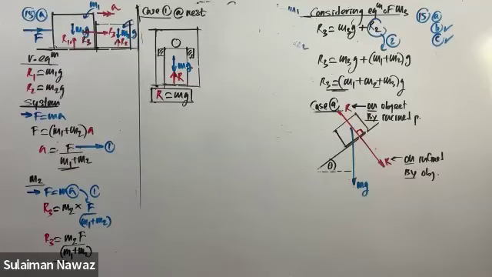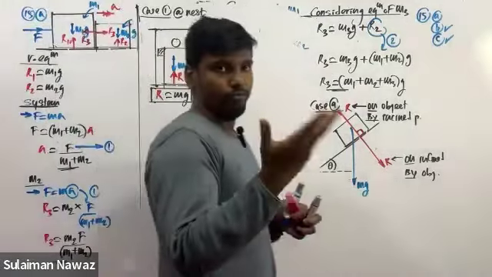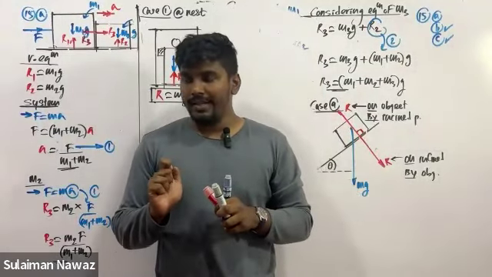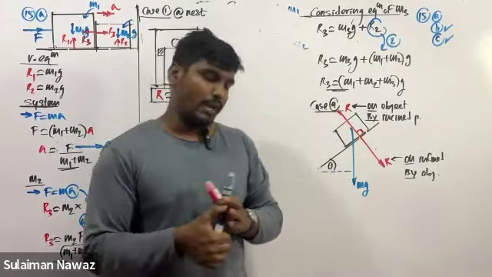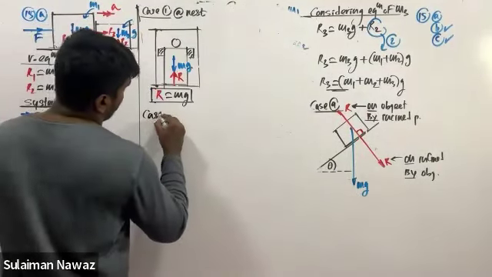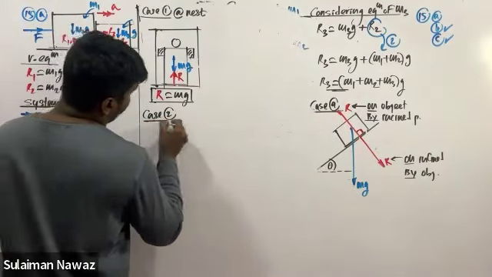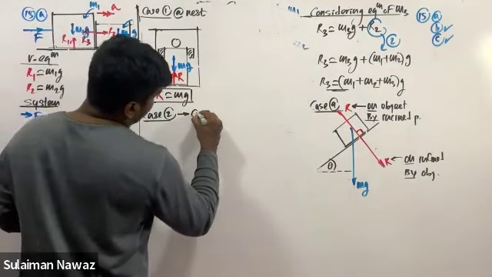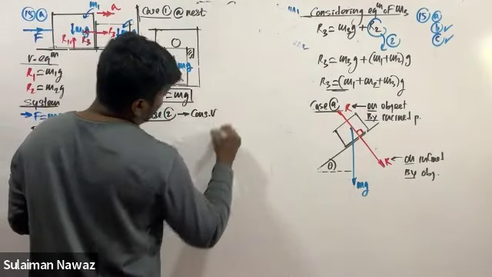Case number 2, write down: when lift moves under constant velocity, it can be upwards or downwards.